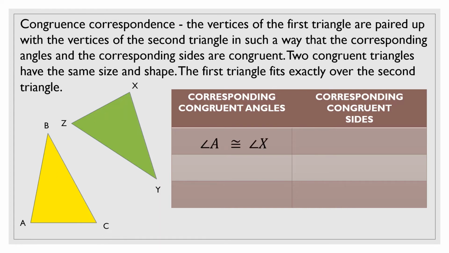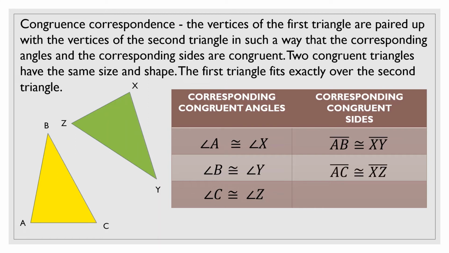Angle A is now congruent to angle X. Angle B is congruent to angle Y. And angle C is congruent to angle Z. Now, with the corresponding congruent sides, side AB is congruent to side XY. Then, AC is congruent to XZ. And BC is congruent to YZ.